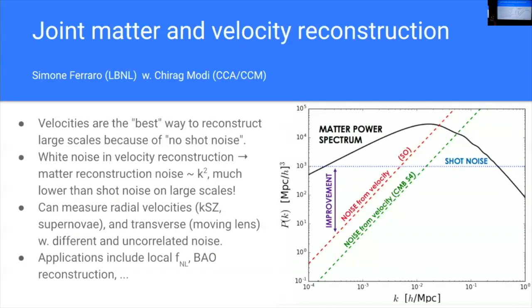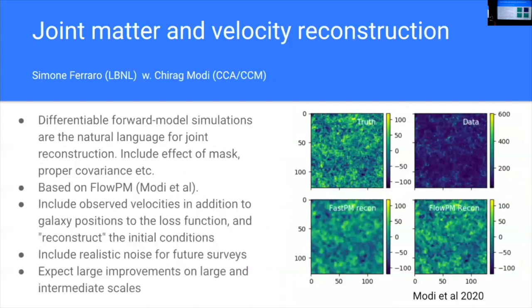Yeah. Okay, so I think a differentiable forward modeling simulation is the natural language for this. It includes the effects of the mask and the proper covariance of the signal, because of course density and velocities are sourced by the same matter field. So the idea here is you use a code that Chirag wrote, FlowPM.